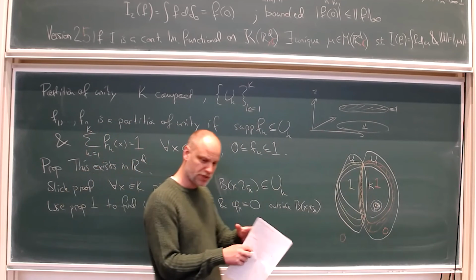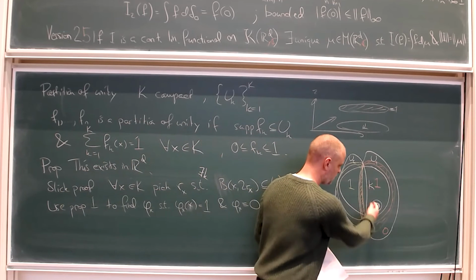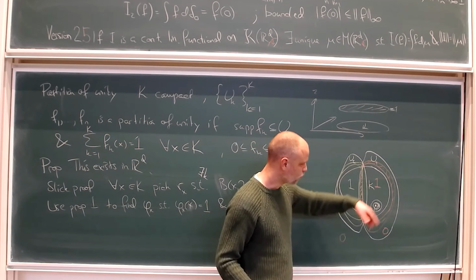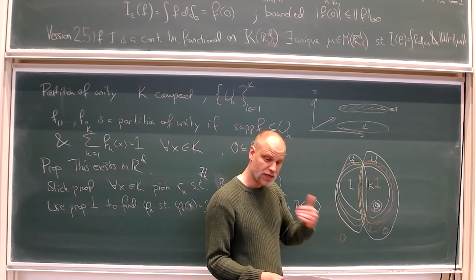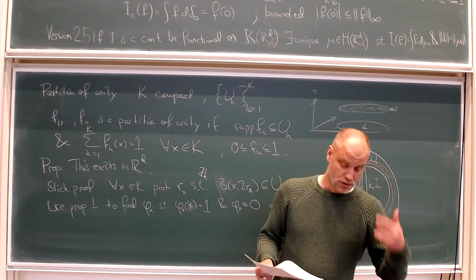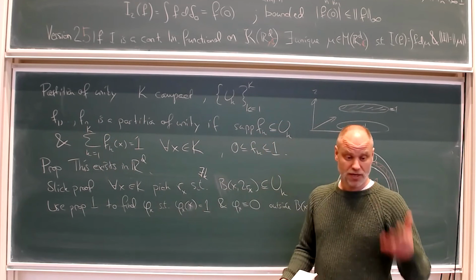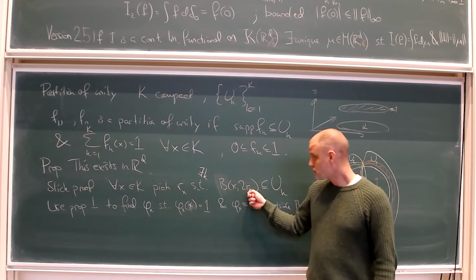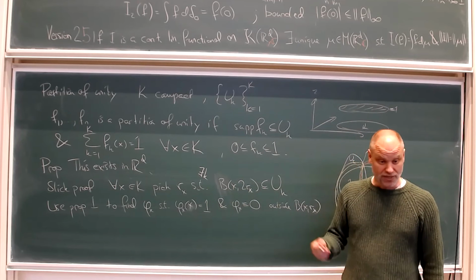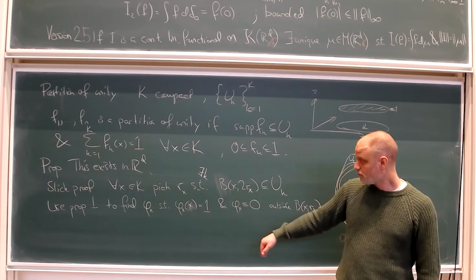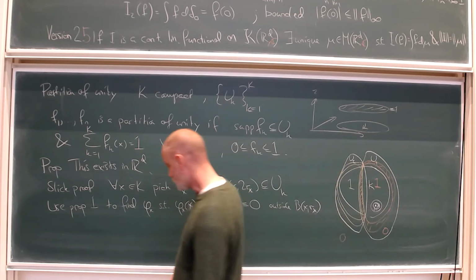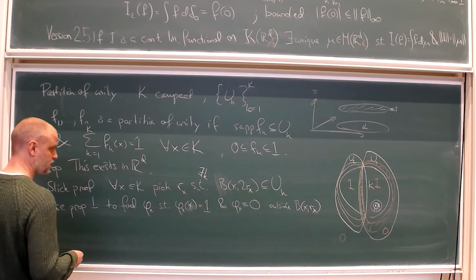Then, since the support contains the closure, it could be that this bigger ball actually was tangent to the edge of U1. And if that was the case, then the closure of my phi would contain points outside of my U1 in the picture, U_k in general, and that would have been bad. But by this trick of having 2R here and just R next time, we avoid that, right? So the closure, the support of phi x, will be inside of this ball. Any ball with radius bigger than Rx.